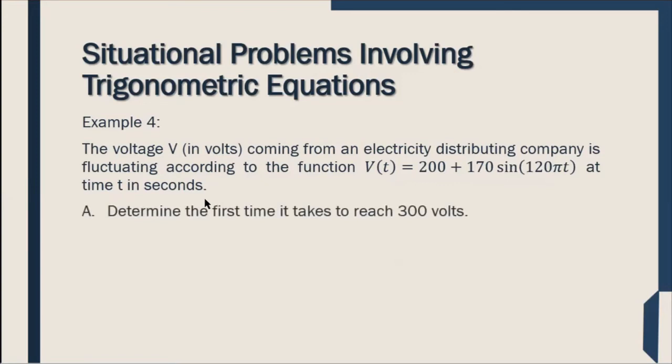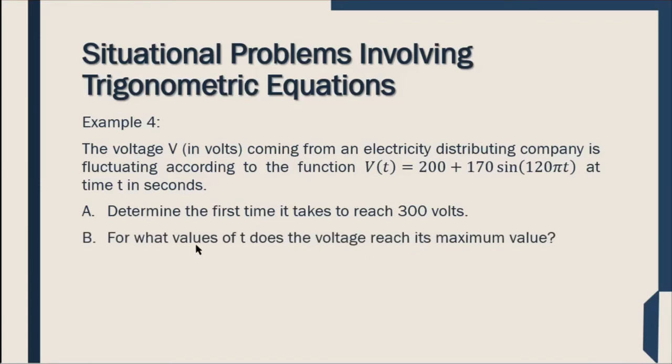So meron tayong 2 questions dito. For A, determine the first time it takes to reach 300 volts. And letter B, for what values of t does the voltage reach its maximum value?